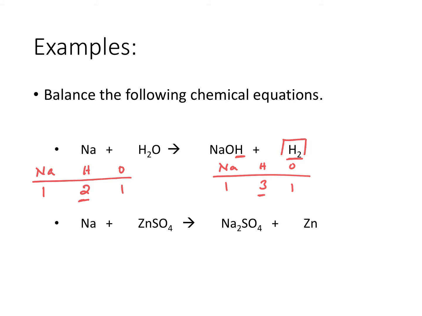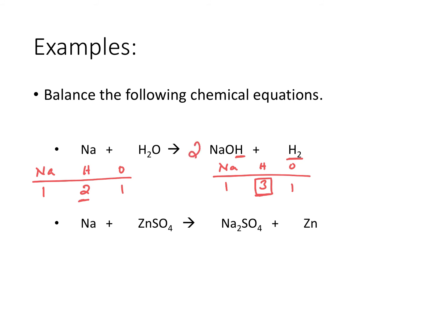So one trick that I suggest is whenever you have an odd number of something other than 1, so for example the 3 hydrogens here, I try multiplying that by 2. For some reason balancing things with even numbers is easier. I don't have the explanation behind that necessarily, but it's something that seems to work more often than not. So I'm going to put a 2 in front of the NaOH.